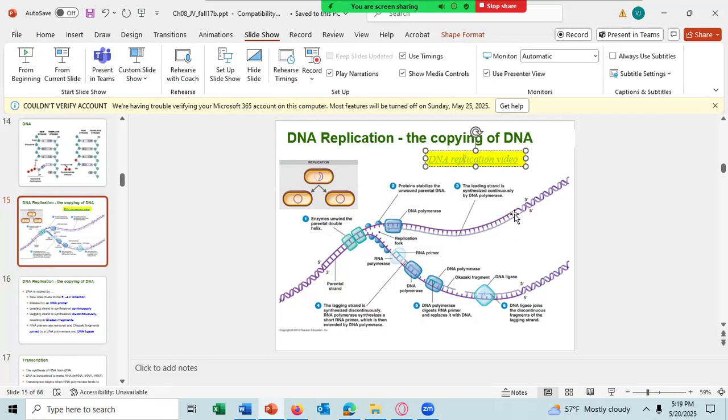For the newly replicated leading strand, if the DNA polymerase never falls off and begins at the end of the chromosome, meaning the end of the strand of DNA, never falls off and makes the entire strand of DNA all the way, DNA ligase may not ever work on the leading strand.